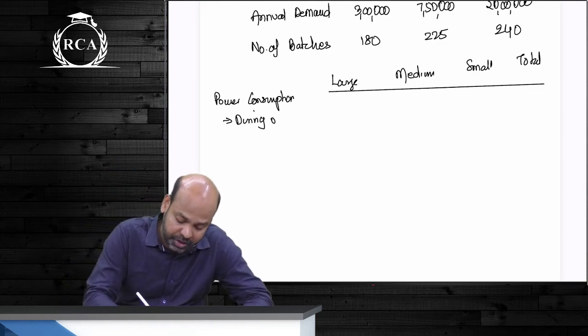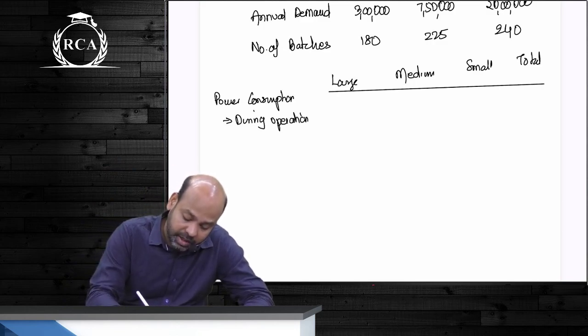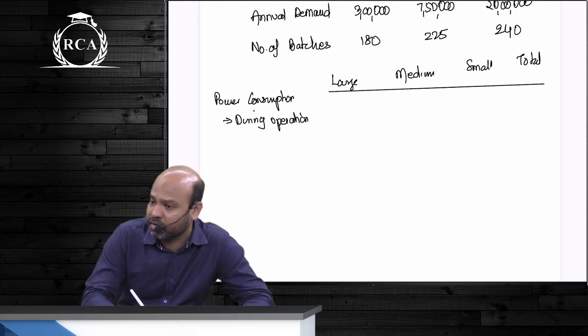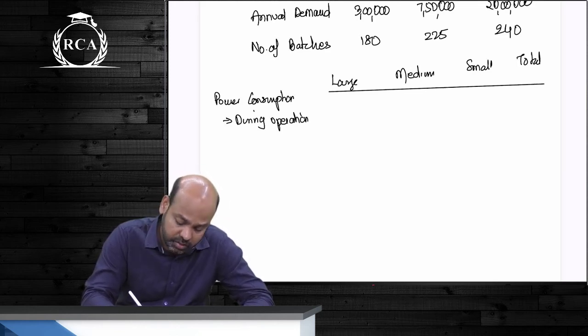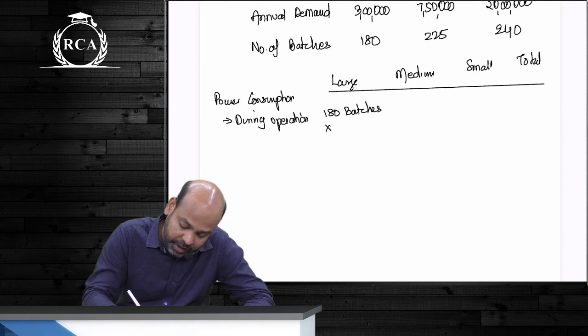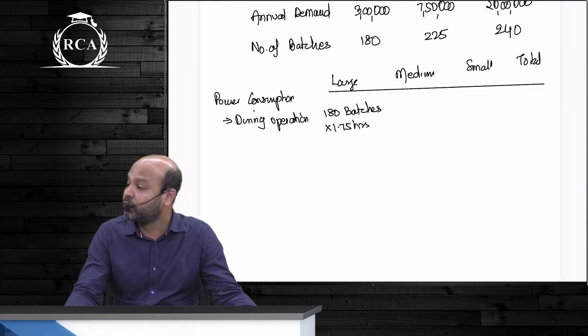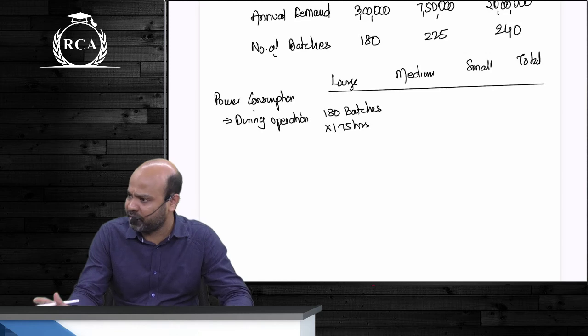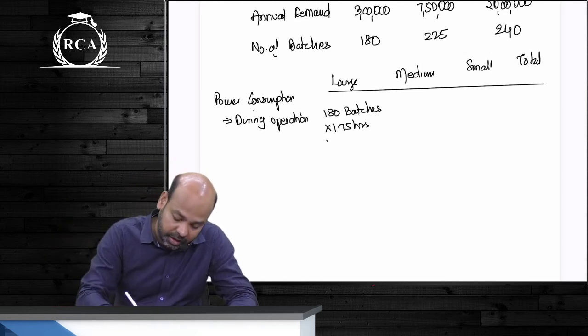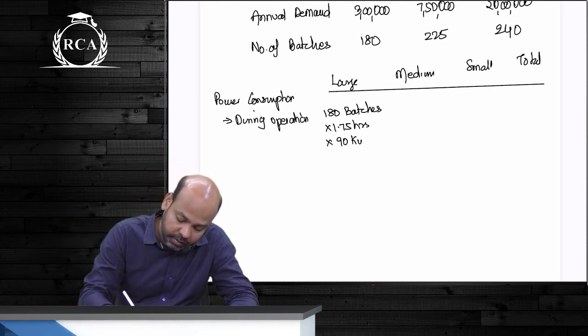So during operation, beta, how many batches, guys, of large? 180 batches. For every batch, will we take 1.75 hours operation time? Sir, how 1.75 hours? It takes 1 hour 45 minutes. Isn't that 1.75 hours? For every hour, are we consuming 90 kilowatt hours?